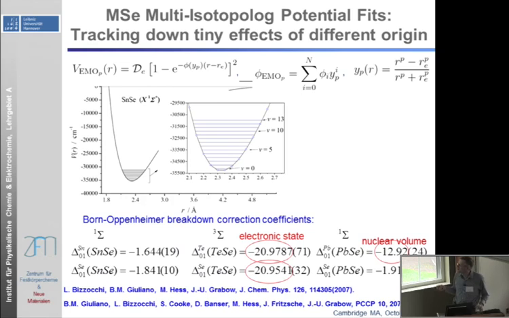The reason is that lead is such a big atom that you can't treat it as a point mass anymore. It has a volume, it's not a point charge, which then results in a Born-Oppenheimer breakdown coefficient that we can determine to quite some accuracy.